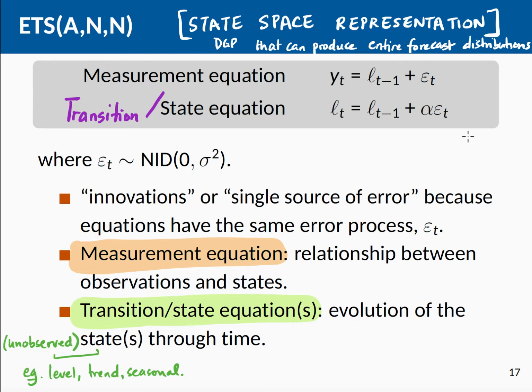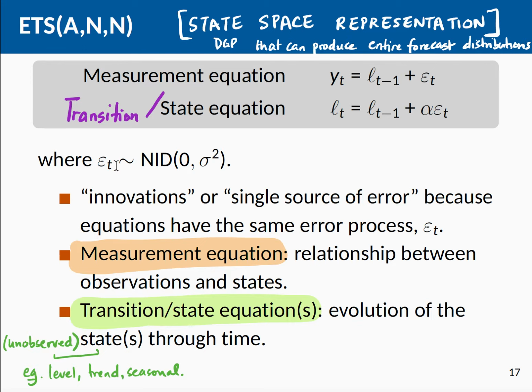So this is really, again, looking at the simple exponential smoothing models and what that would look like. So that would just entail the level term and nothing for seasonals and nothing for trends. Okay, now the model itself is subject to some sort of innovations or some source of error, but that is going to be the same error process each step of the way or throughout the time series.